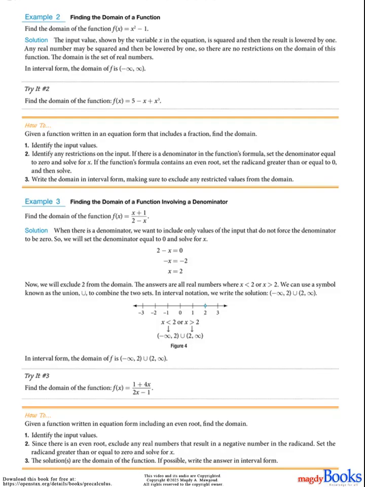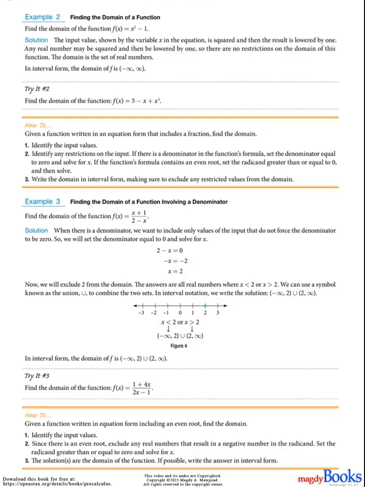The answers are all real numbers where x is less than 2 or x is greater than 2. We can use a symbol known as the union to combine the two sets. In interval notation, we write the solution (negative infinity, 2) union (2, infinity). Figure 4. x is less than 2 or x is greater than 2.